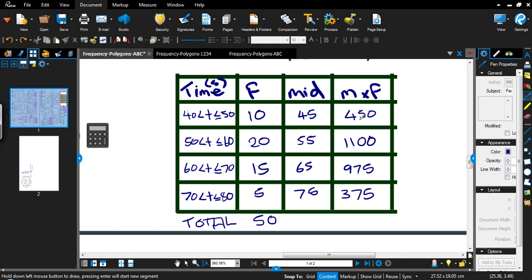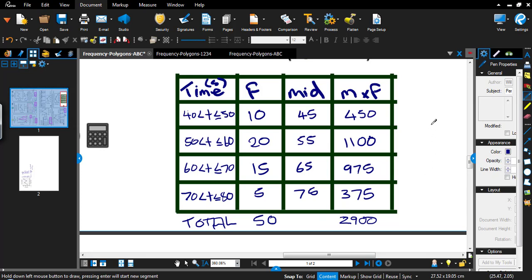So then we just add up m times f. So we have 450 plus 1100 is 1550. Plus 975 is 2525. And then plus 375 is 2900.